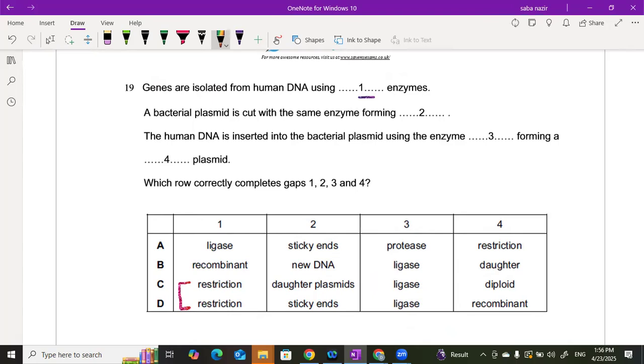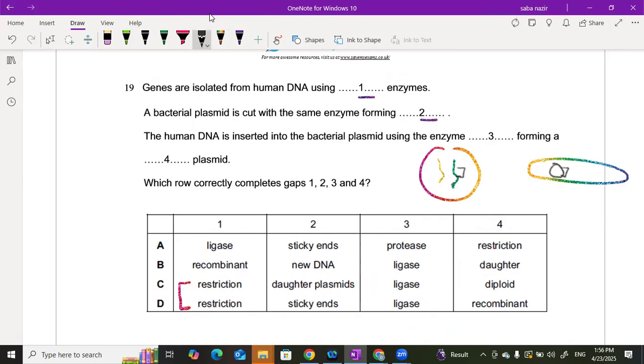The big fragment is cut with the same enzyme, forming dash. This is the human cell and this is the bacterial plasmid. Here we are using the restriction enzyme to make a cut in it.